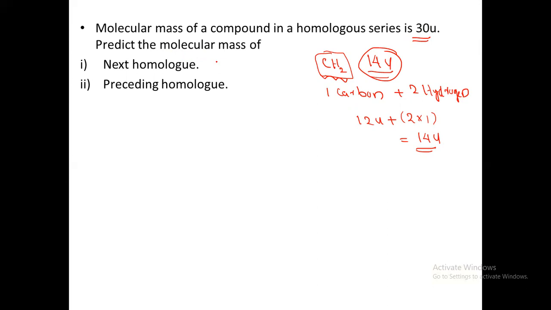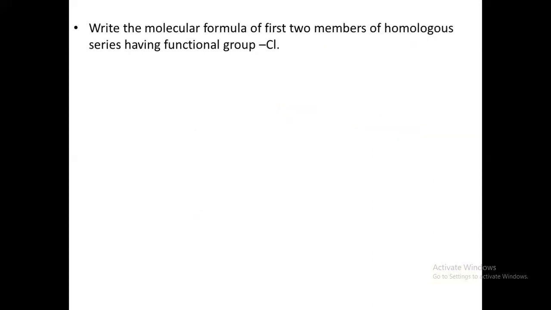You don't need to find the formula, you just add 14 to it, because the homologous series members differ by CH2, and CH2 has a mass of 14. So the next homolog will be 44 U. The preceding homolog, you subtract 14, will be 16 U. Clear? It's a very simple thing, we are just converting CH2 into mass, that's it.